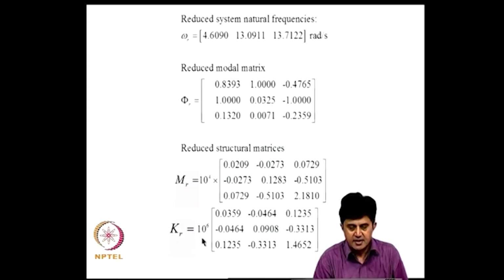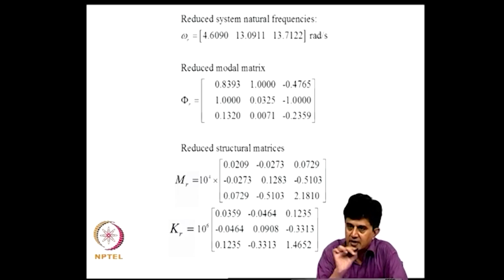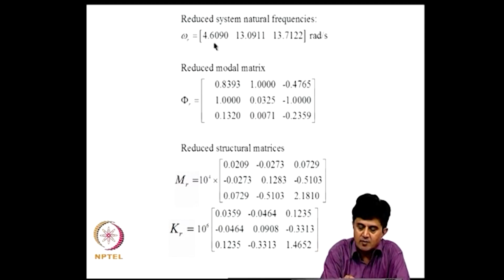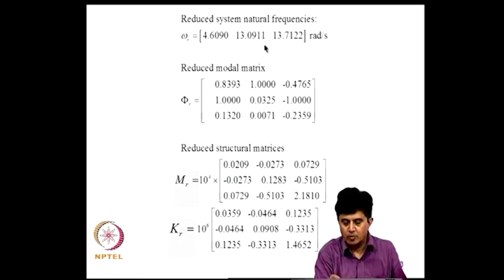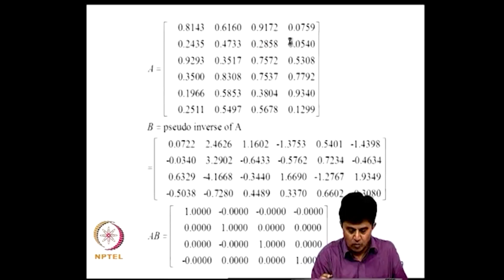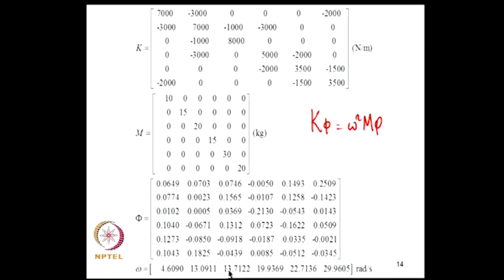Using this I will construct the reduced mass matrix and reduced stiffness matrix and perform the eigenvalue analysis on the reduced system. It is a 3 by 3 system. That system now has these 3 natural frequencies, 4.60, 13 point this and this. If you look back, these are exactly the 3 frequencies of the larger model.